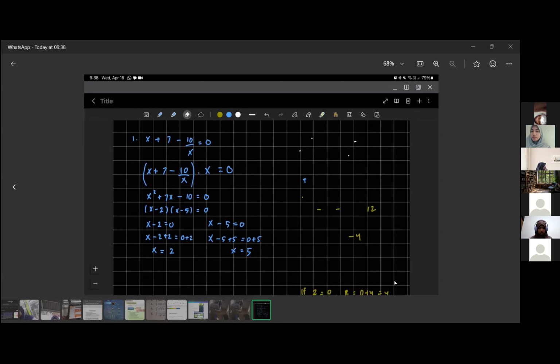Then we get the new equation x squared plus 7x minus 10 equals 0.